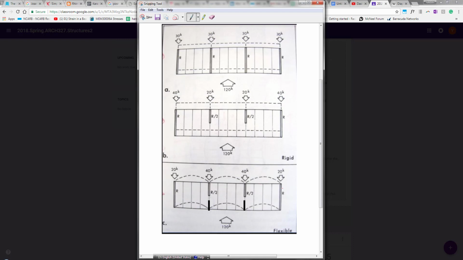So in this case, though, that looks kind of different. What's different here is that if you look at the way the lateral force resistance in the shear wall is distributed, it has nothing to do with the linear lengths of the wall.